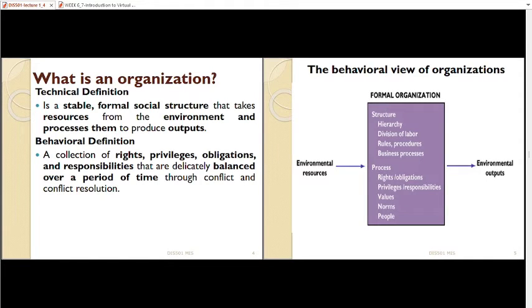So what basically is an organization? We need to be able to define it first of all, and we can only define it from two perspectives. We have the technological definition, which focuses on saying it's a stable, formal, social structure that takes resources from the environment and processes them to produce an output.